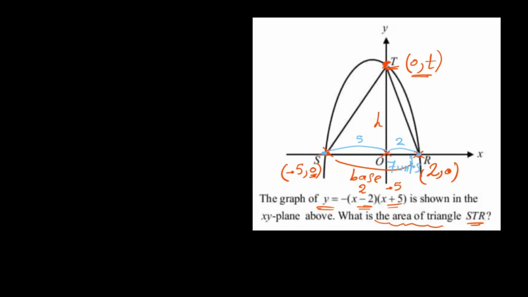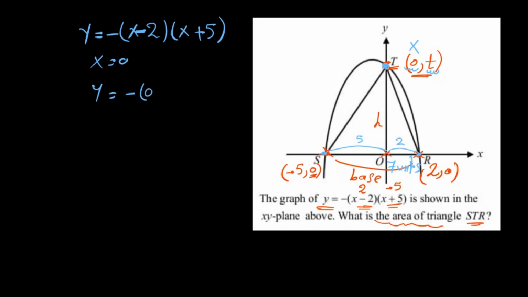How to get the height? I have to find the value of y here. The value of y is t. I will put x as 0 in the function y equals negative x minus 2 times x plus 5. Now y equals what?